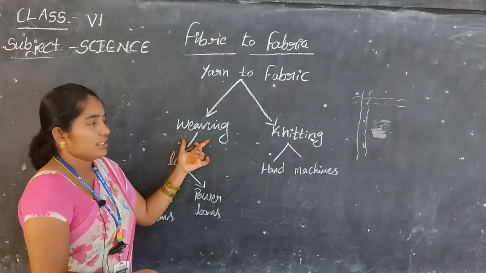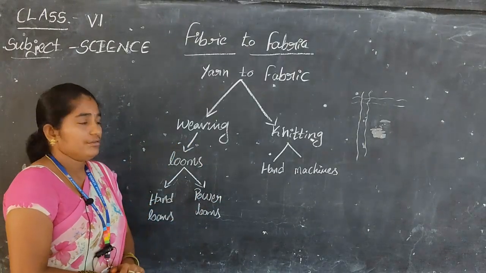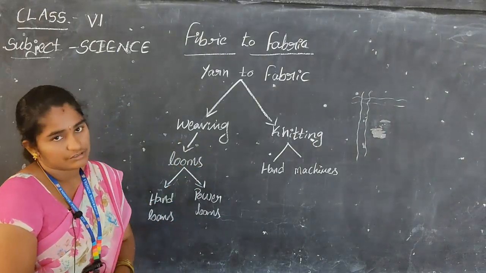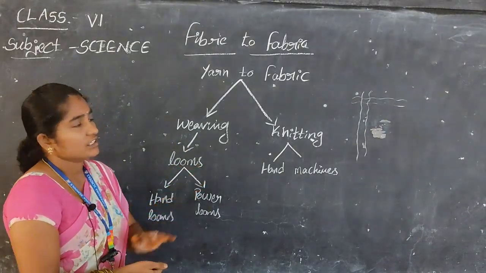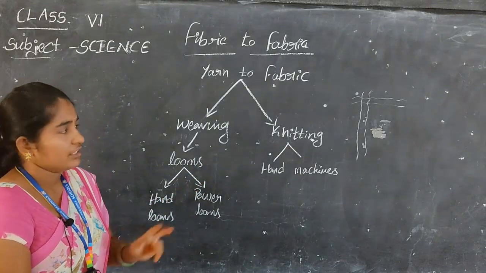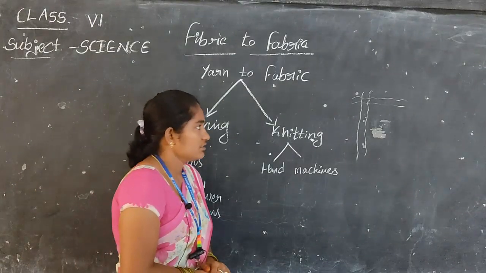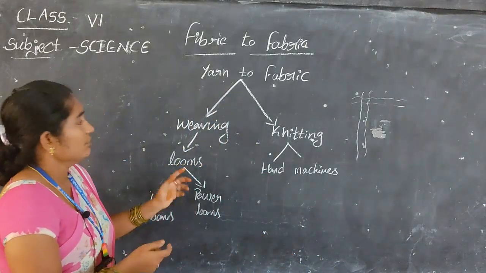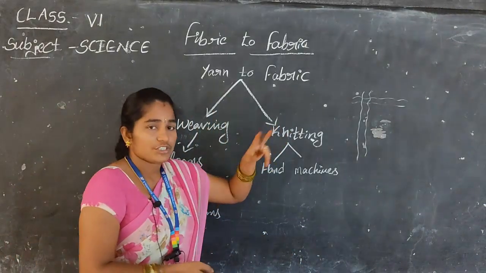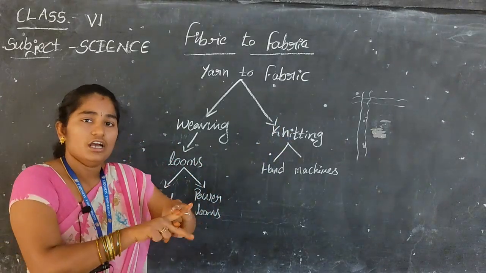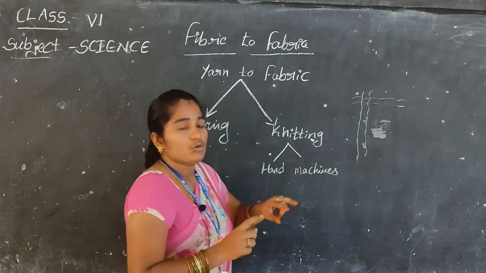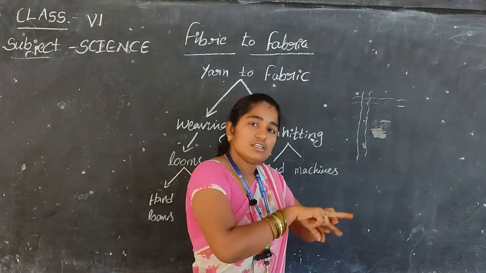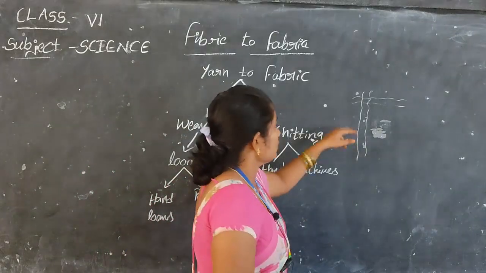Yes, weaving is one main process to make fabric. First you have to take the yarns, two types of yarns. One is horizontal and one is vertical, one goes up and another goes down. Like this you have to weave.